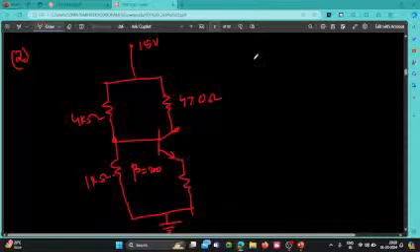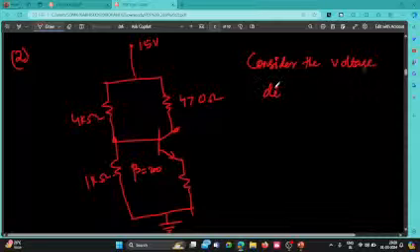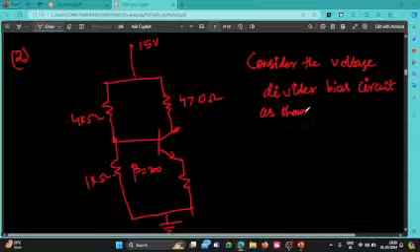Consider the voltage divider bias circuit as shown in the figure.